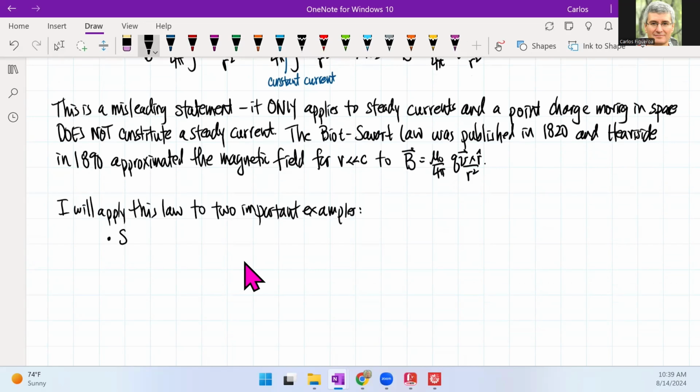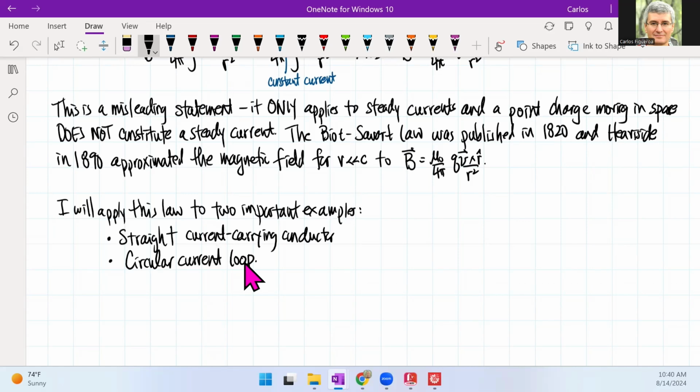One, a straight current-carrying conductor, and the other important one is a circular current loop. There are other examples, but we could use both of those in that sense.